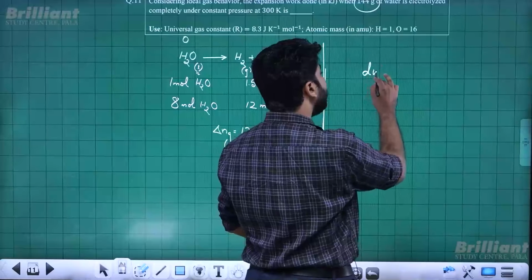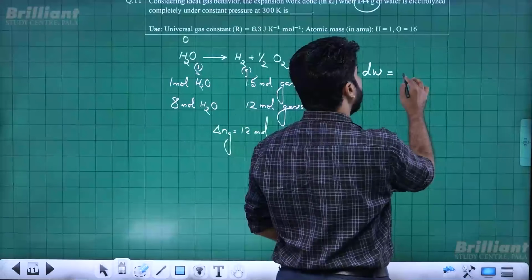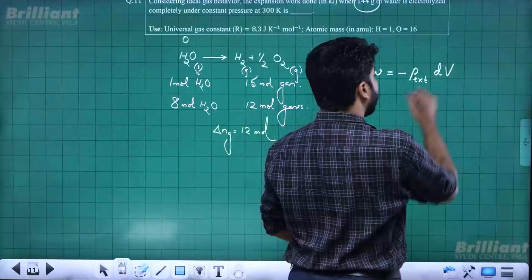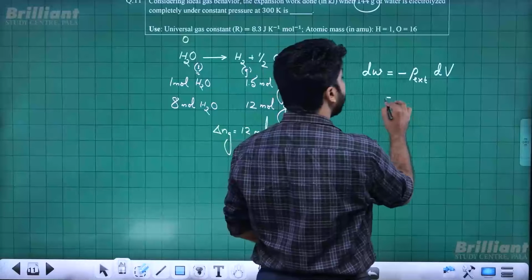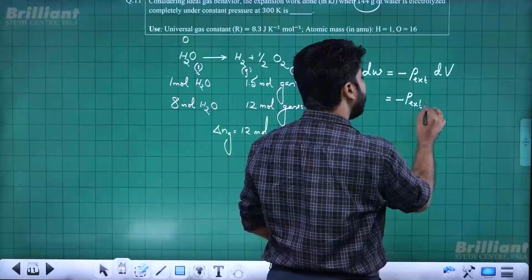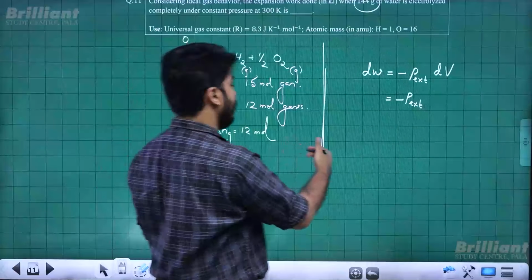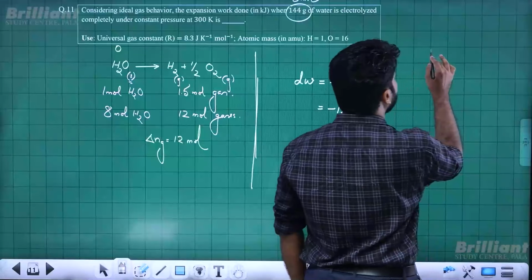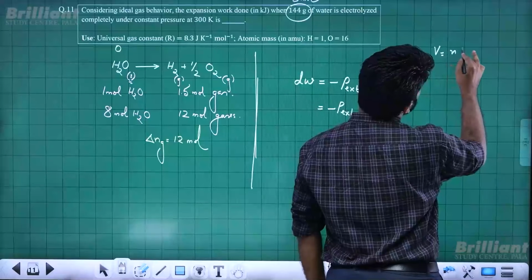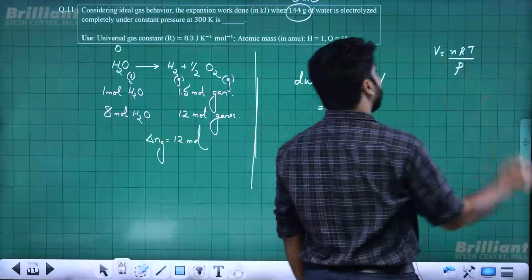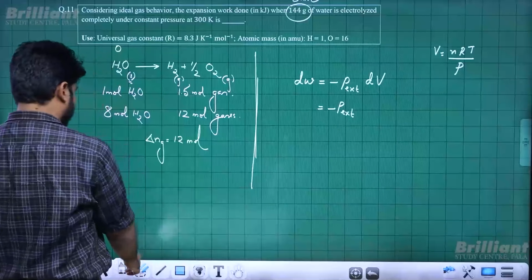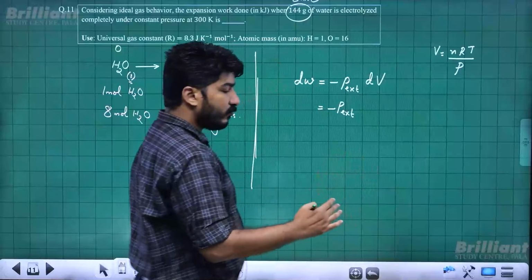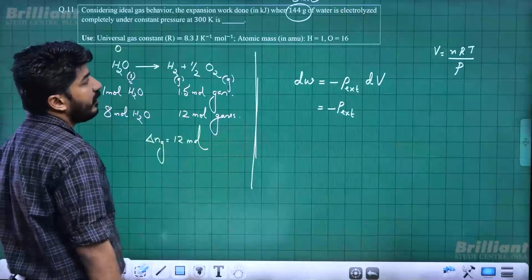We know any work done dW in expansion conditions is going to be minus P external times dV of the process, and here minus P external dV. We can substitute using the ideal gas equation, V is nRT by P, for ideal gas, and in this case the number of moles of gas is varying in the process.